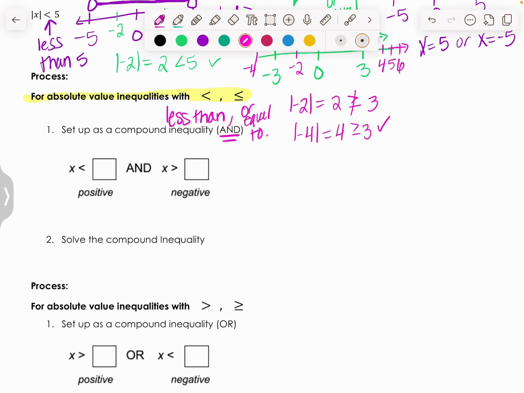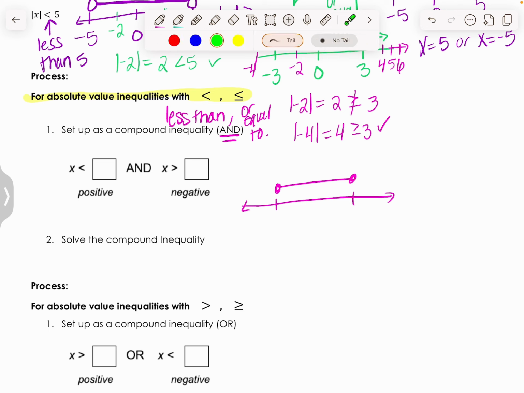And if you remember the compound and inequality, it is when you have x is less than a number and x is greater than a number. So the and inequalities are the ones that are connected in the middle, like this. So less than this number and greater than this number, so between two numbers.